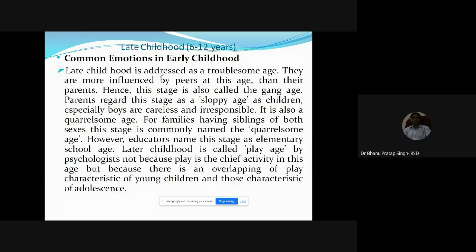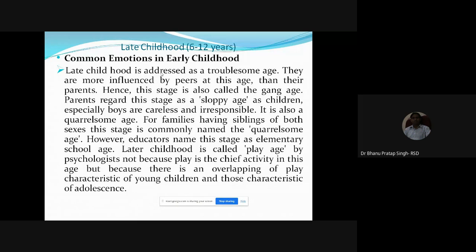Next, this is the third stage, late childhood, and it comes from 6 years to 12 years. In this particular age, the common emotions are all the emotions of early childhood, 2 to 6 years. In late childhood, some emotions are added and some may be forgotten.